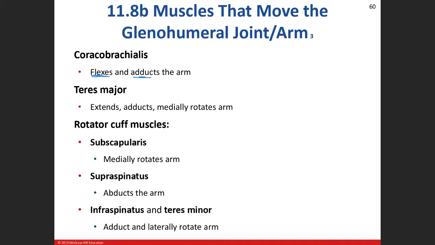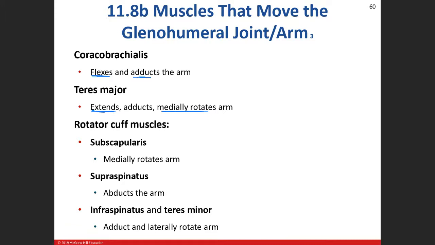Teres major, we saw on the posterior portion on the back side. Since it's on the back, it's going to offer extension of the glenohumeral joint. It too will pull the arm in towards the midline, but where it attaches onto the humerus is on a medial anterior portion, so it will turn the arm in.